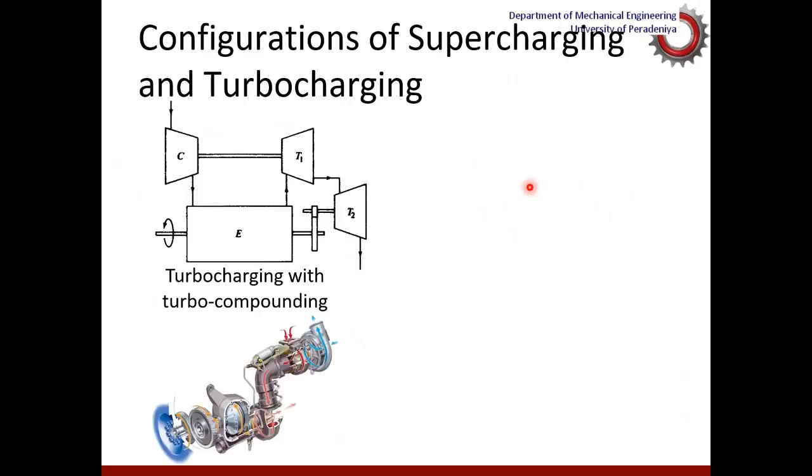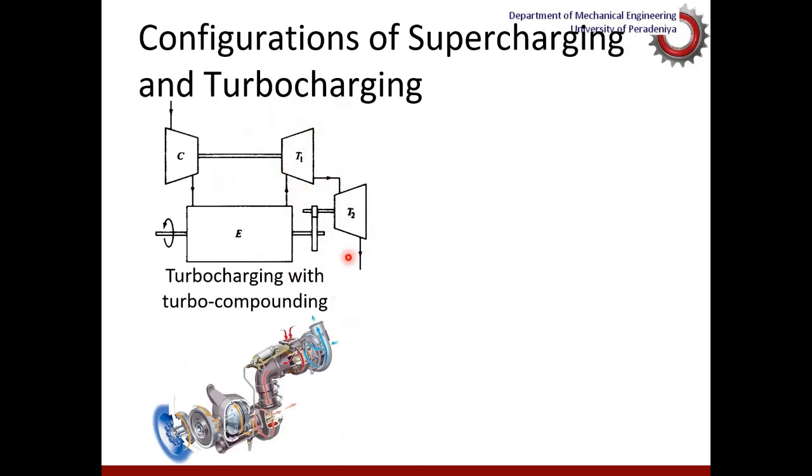And then there's another one, turbocharging with turbo compounding, where you have two turbines. One turbine is driven by the engine crankshaft, and the other turbine is driven by the traditional turbo unit using exhaust gases.